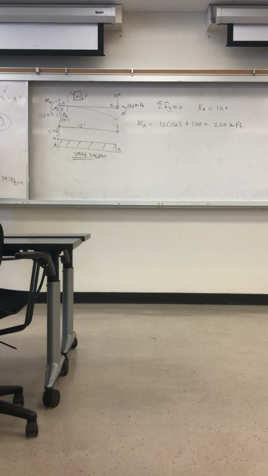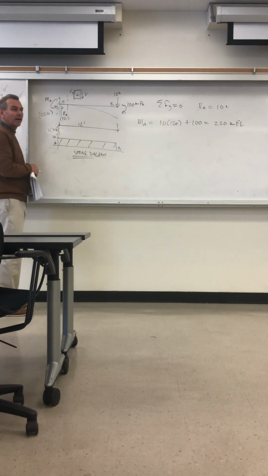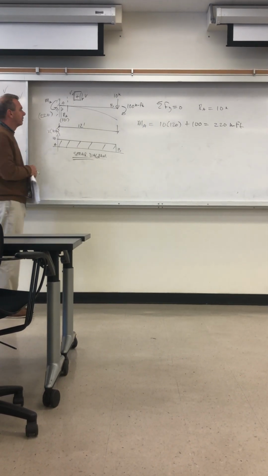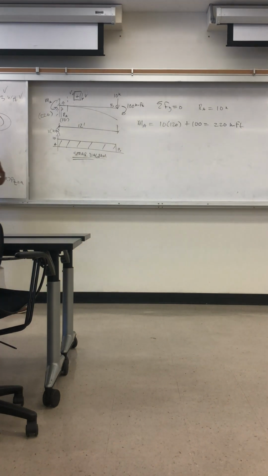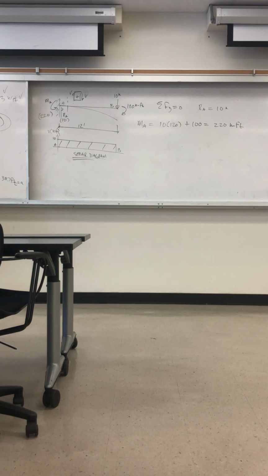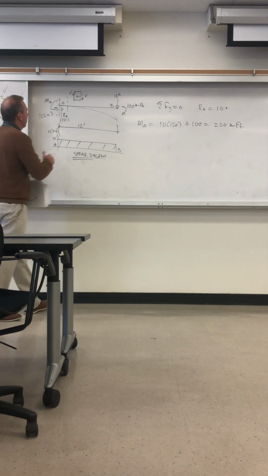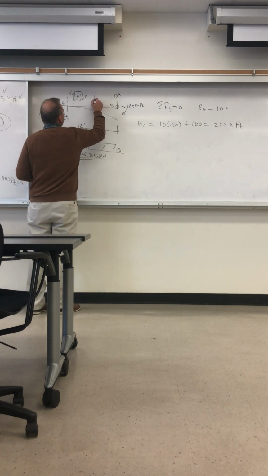That's our shear diagram. And then the moment diagram, that's going to be interesting. Is it negative or positive moment along the length, or does it change? Remember our definition of positive bending is this.